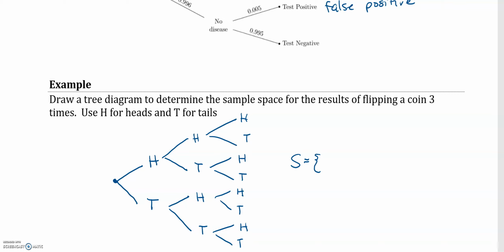So working along the top, we get heads, heads, heads. And then in the second branch, we can get heads, heads, tails, then heads, tails, heads, then heads, tails, tails, and so on.